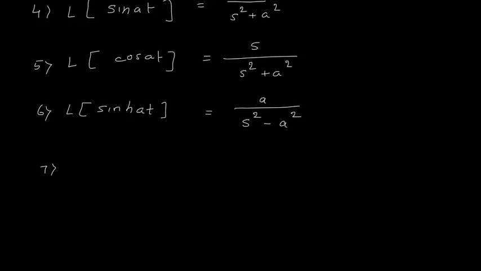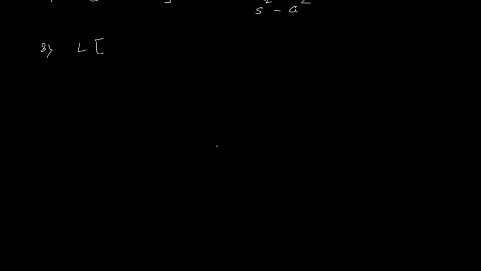Seventh, Laplace of cos hyperbolic at is s upon s square minus a square. Eighth one, Laplace of t raised to n is gamma n plus 1 divided by s power n plus 1.